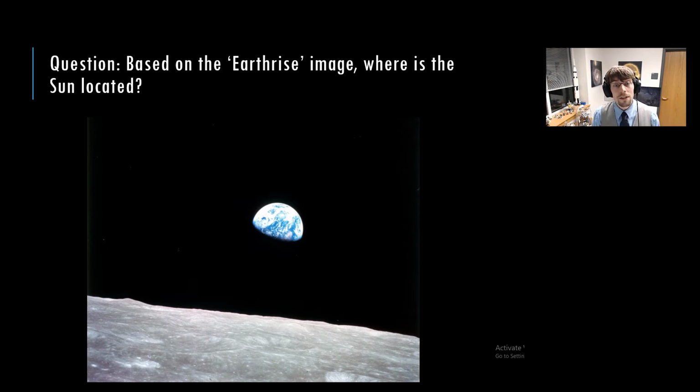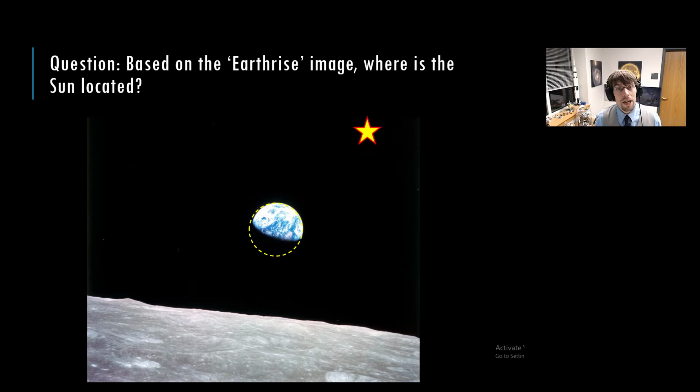The majority of the light that you're seeing here is coming from the sun and bouncing off the Earth and reflecting to us. Okay? And it's like that for any of the astronomical objects, the planets, the moons, not stars, to be continued, but any of the other astronomical objects. This is primarily how we can see them. It's light reflecting off of their surface. So where's the sun located? It's got to be up here somewhere.